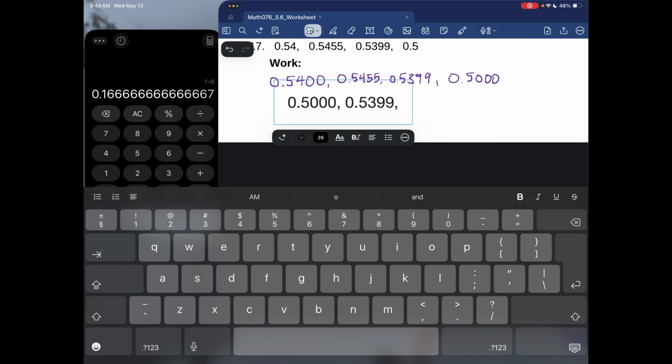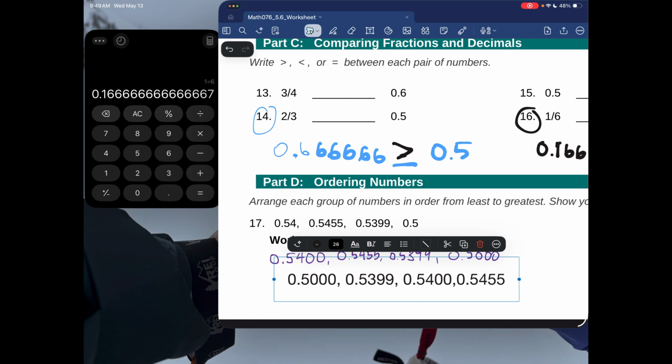Then my next one, I look at my list with the 4 digits that I made in the purple, and I'm going to say 0.5400, that's my next smallest. And then after that, 0.5455. So it just makes more sense when we make it the same number of digits and then we treat it like regular numbers when we order from least to greatest.